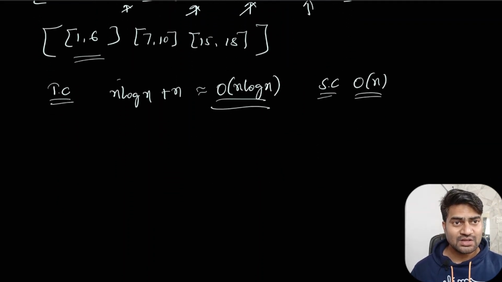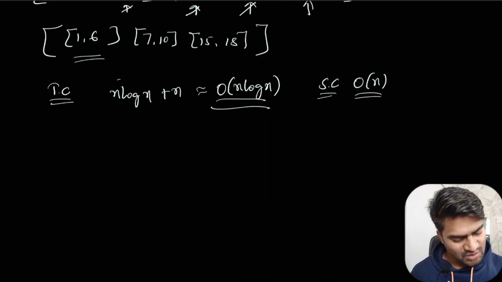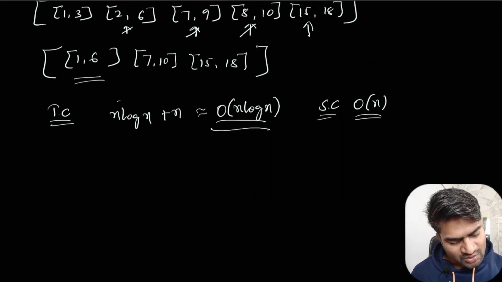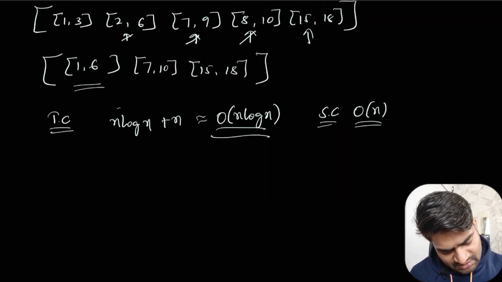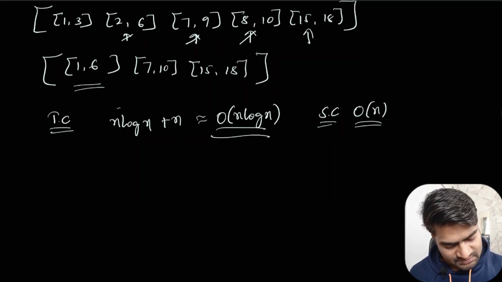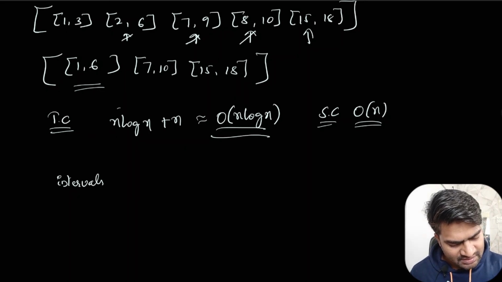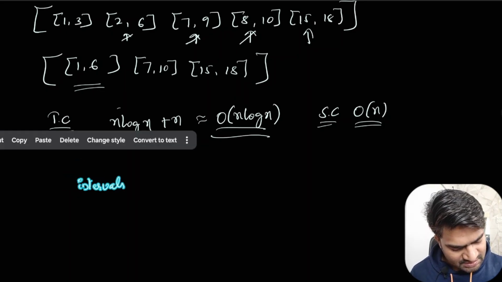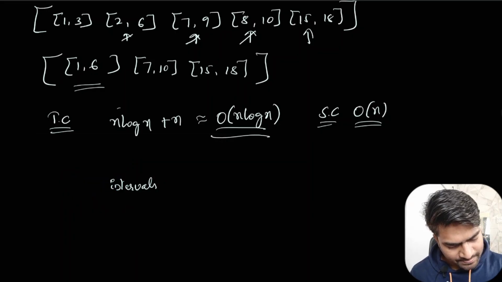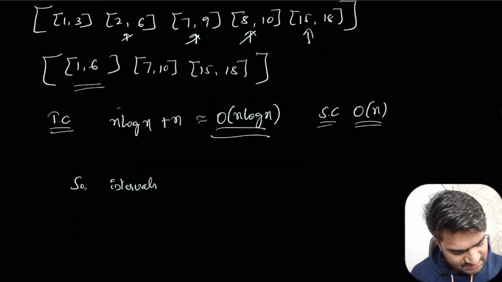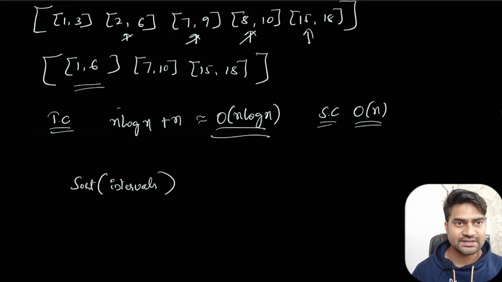Let us try to look into the pseudo code. So what all do we need? First we need to sort. So I will say sort intervals by first element.